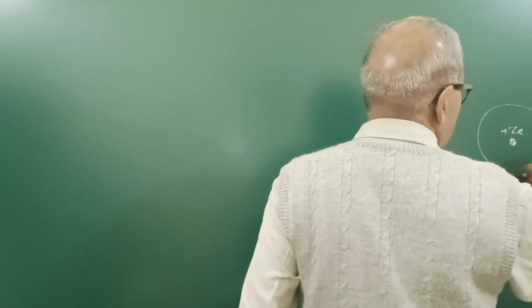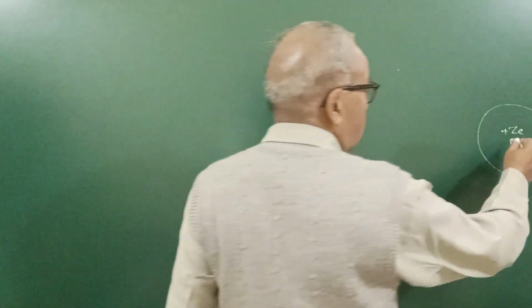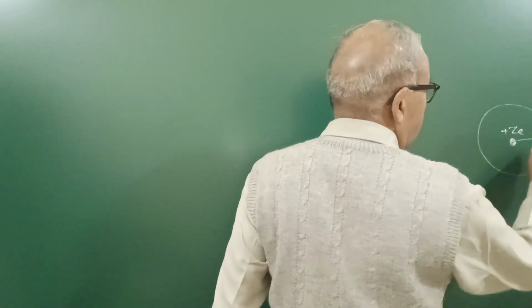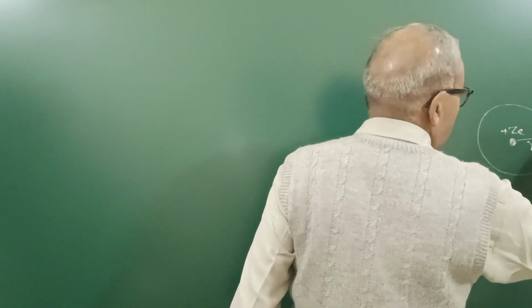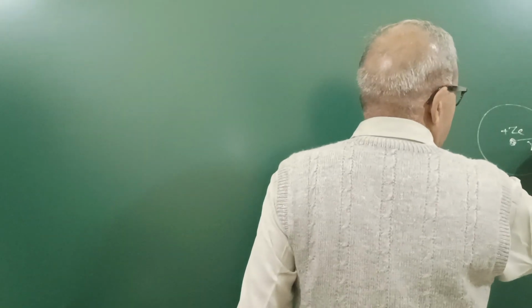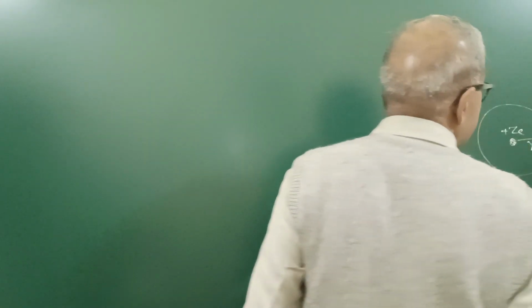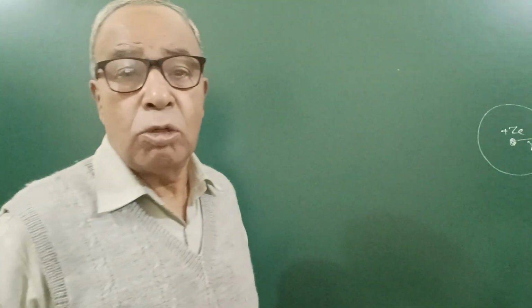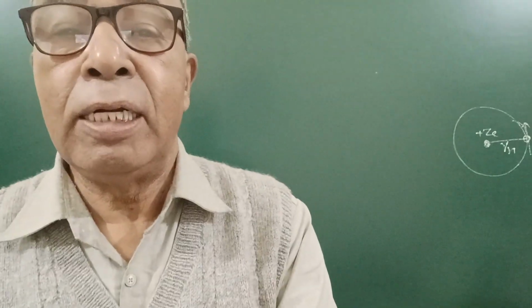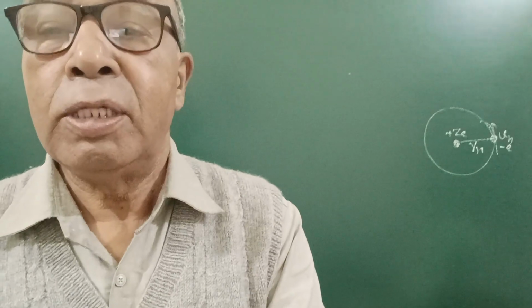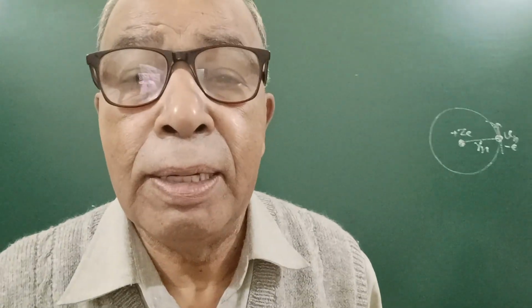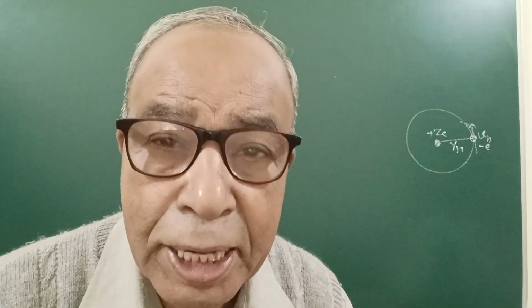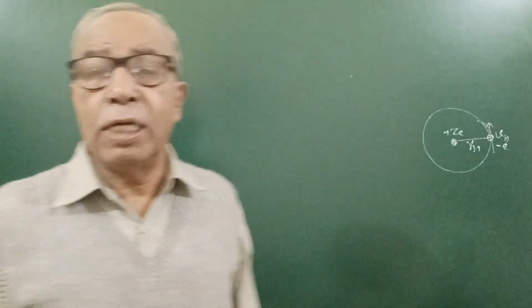This is the orbit of the electron, Rn is the radius, Vn is the velocity. The charge of the electron is minus e. When any body moves in a circular path, it needs centripetal force, which will be obtained here from the force of attraction due to the nuclear charge.